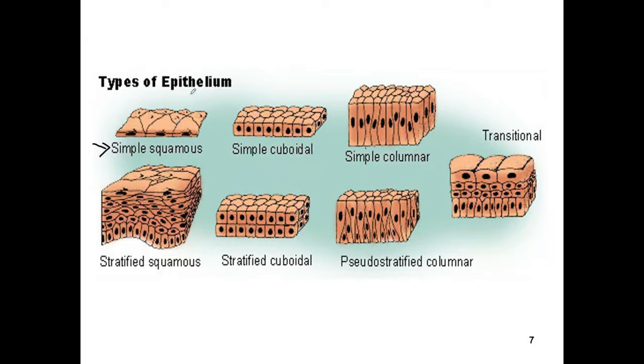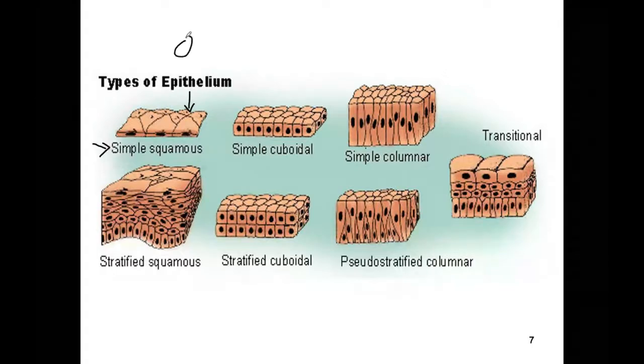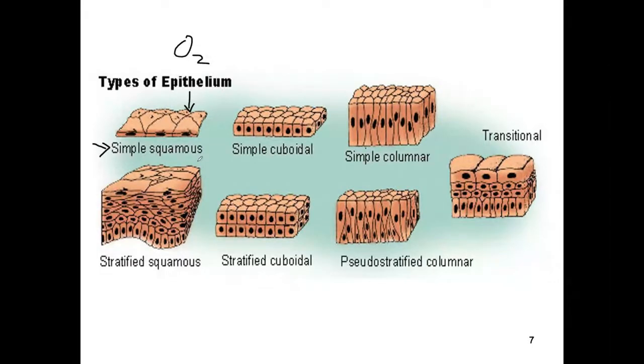Simple squamous is great for diffusion, where it's going to let certain gases like oxygen pass through or allow carbon dioxide to exit. All right, so it's easier for these gases to diffuse through one cell layer than it is to pass through stratified squamous, where we have multiple layers of flat irregular cells.